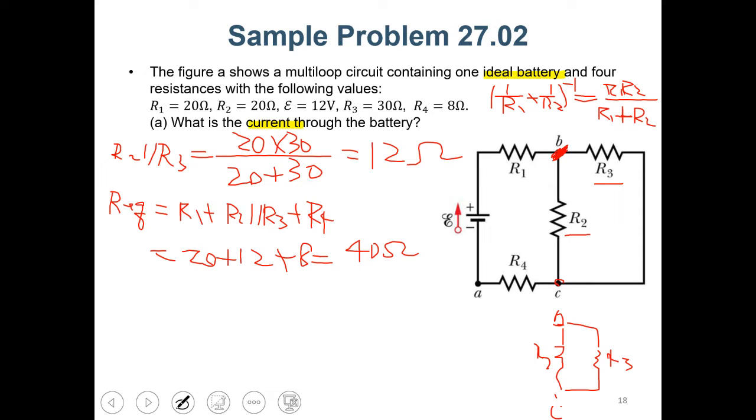So finally, I is E over R equivalent, which is 12 volt over 40, which is 0.3 ampere.